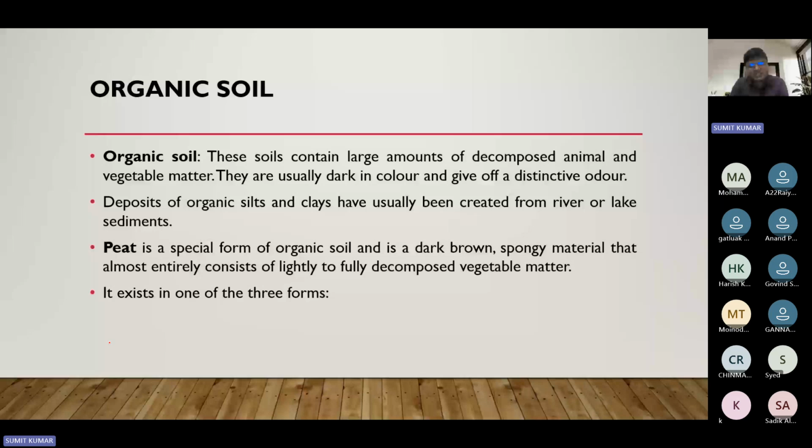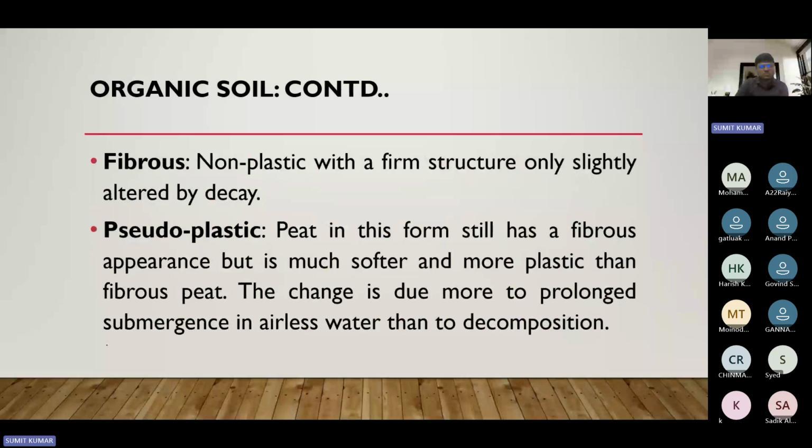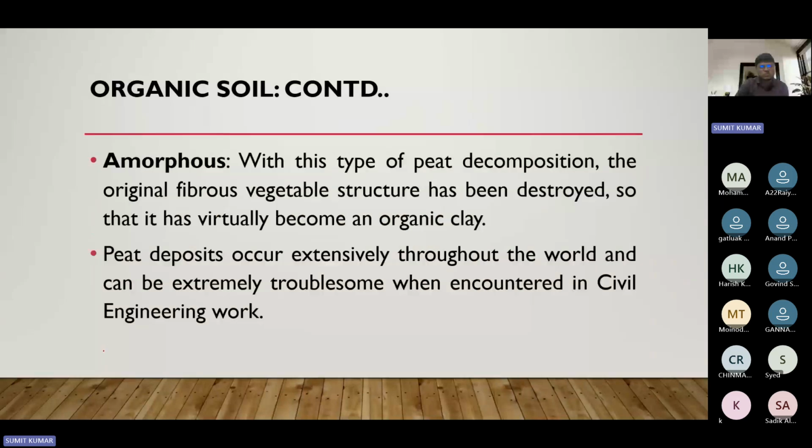It exists in three forms, which are fibrous, pseudoplastic, and amorphous. We will see what these three types are.